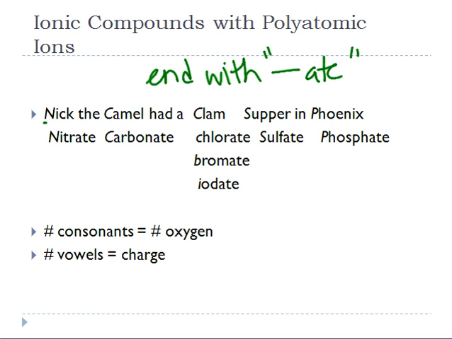So Nick is the same as nitrate, Camel, Ca, carbonate, Ca, clam, Cl, chlorate, same thing. Supper goes with sulfate, Phoenix goes with phosphate. I've got 2 polyatomic ions here that don't fit in with Nick the Camel, but hopefully you can remember that they fit in with chlorate and the rest of it gets easier.